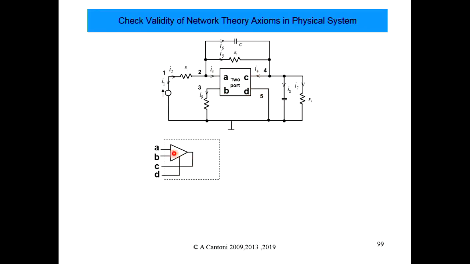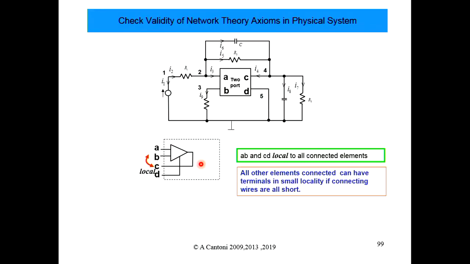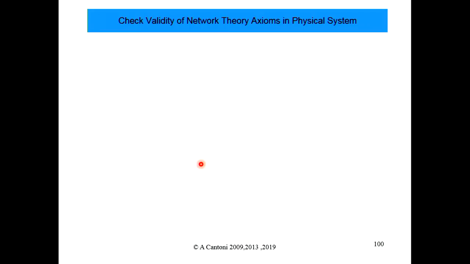You have these 2 ports, and both ports are close together, and probably everything inside is small compared to the wavelengths of interest. So would circuit theory apply to that system? Yes or no? Someone? Yes, it would, because everything's close together. They're all local. So we can apply network or circuit theory to analyze the network.